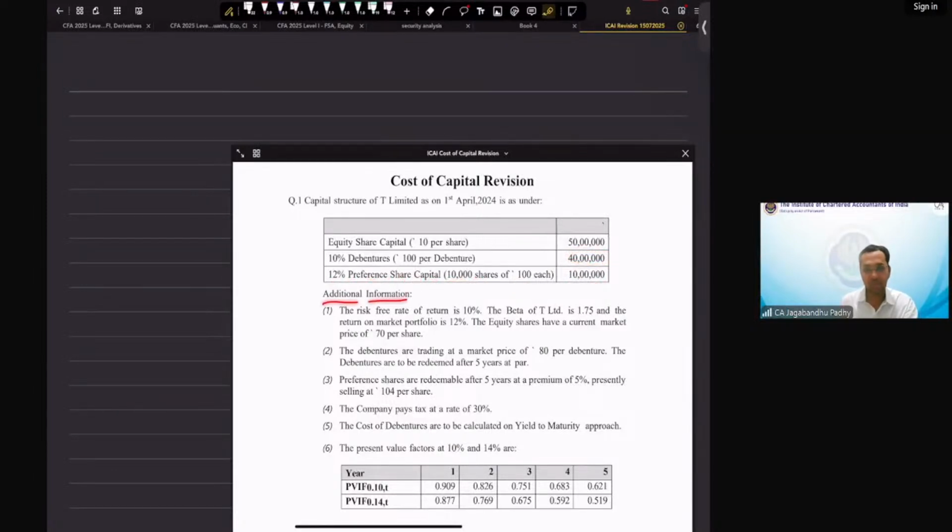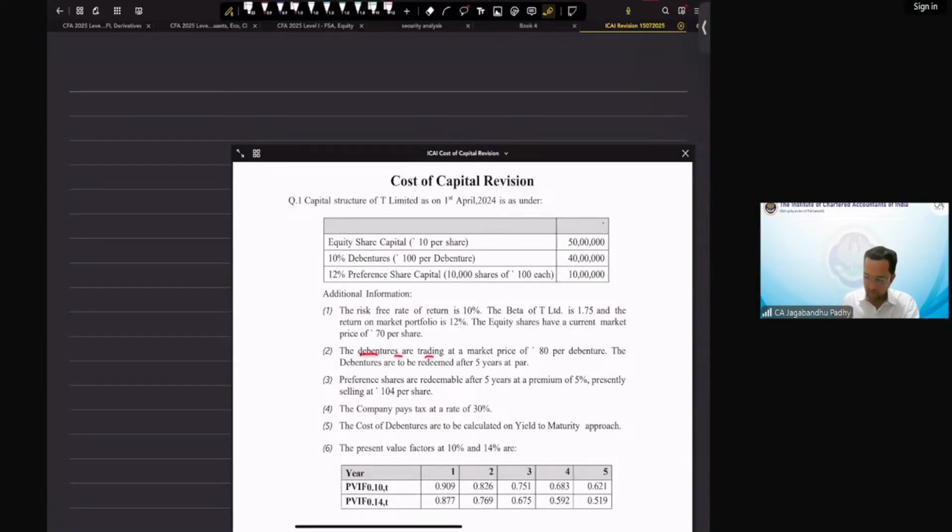Additional information: risk-free rate of return is 10%, beta of T Limited is 1.75, and return on market portfolio is 12%. Equity shares have a current market price of 70 per share.